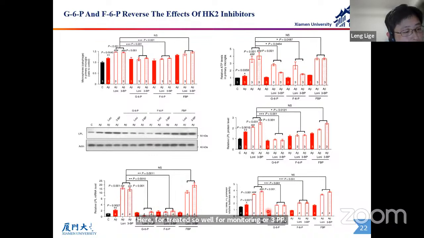A luciferase reporter assay further confirmed that G6P and F6P, but not FBP, regulate the transcription of LPL in BV2 cells.